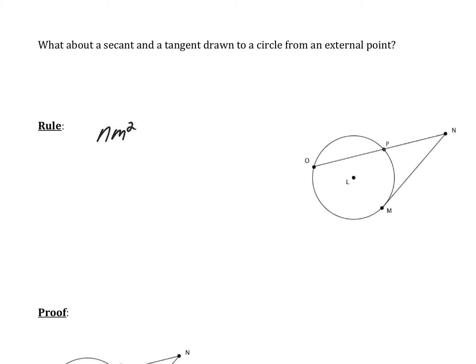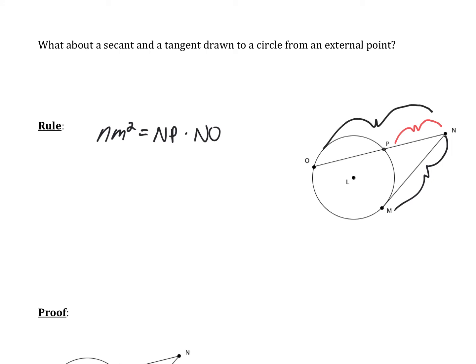is that NM squared, so side NM of that tangent times itself, is going to be equal to NP, the segment outside the circle, times the entire secant segment, which is NO, that whole guy, right?